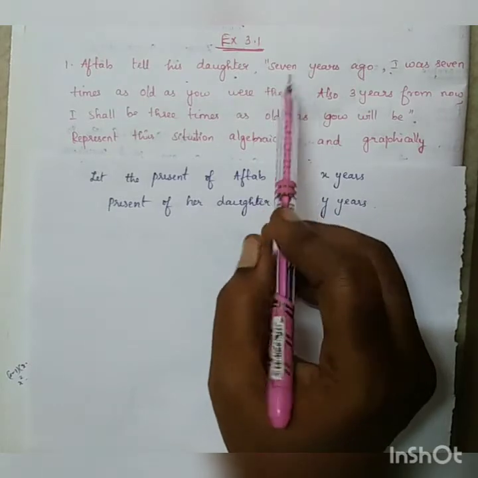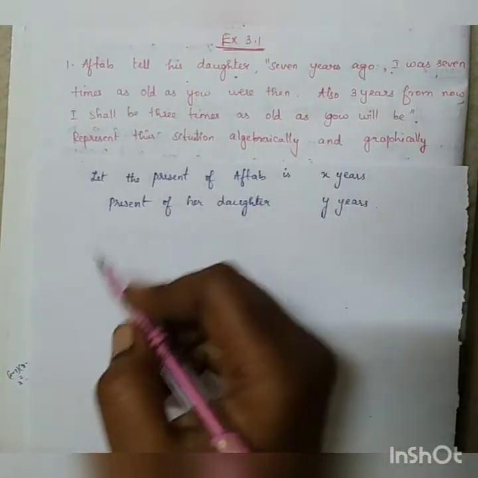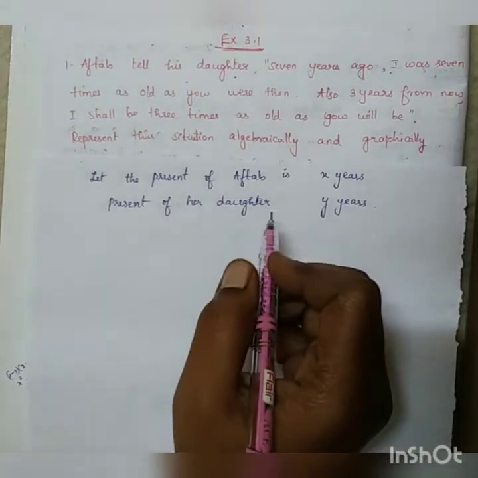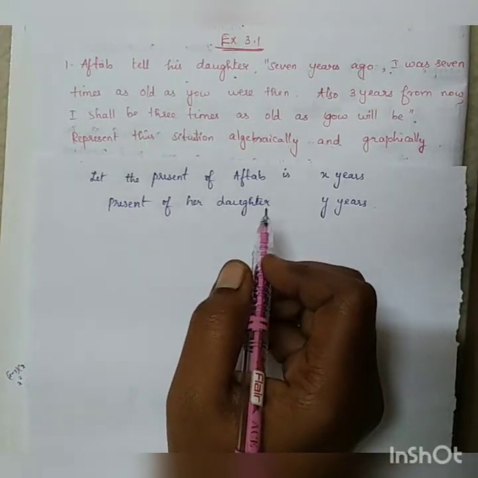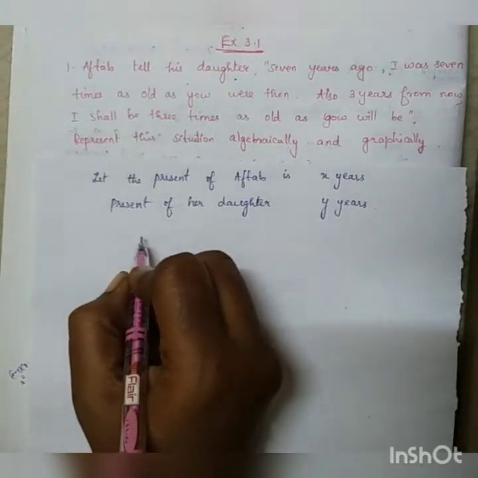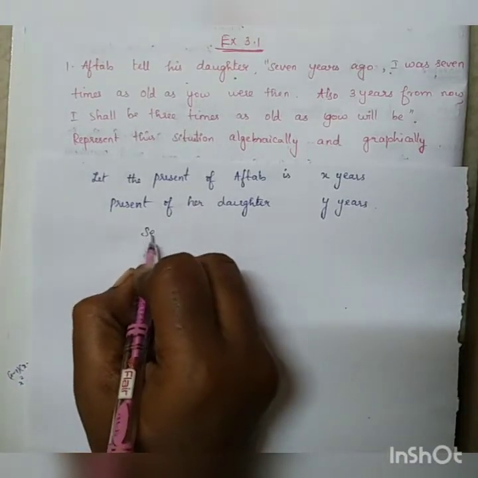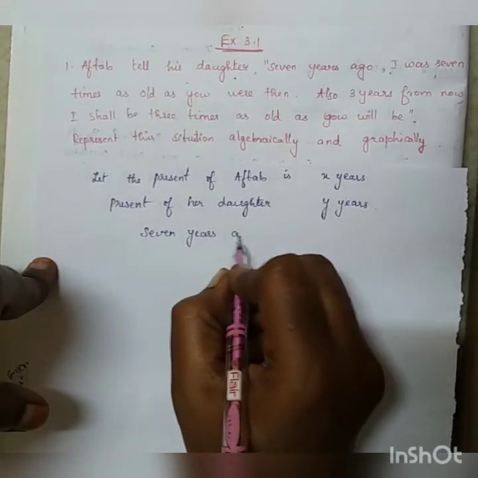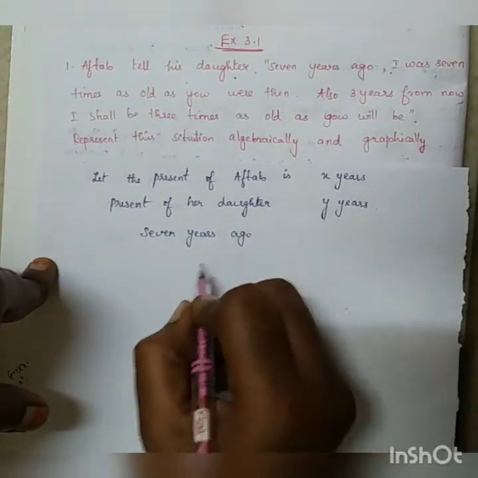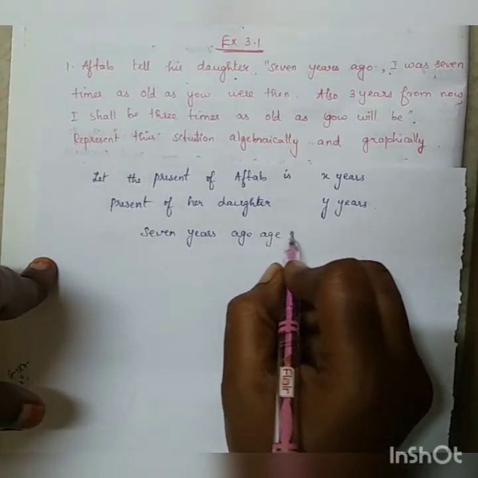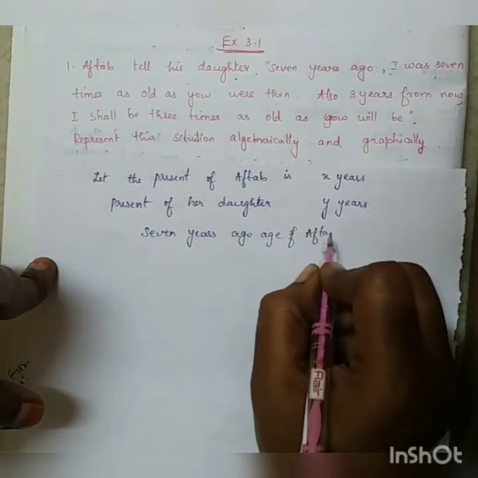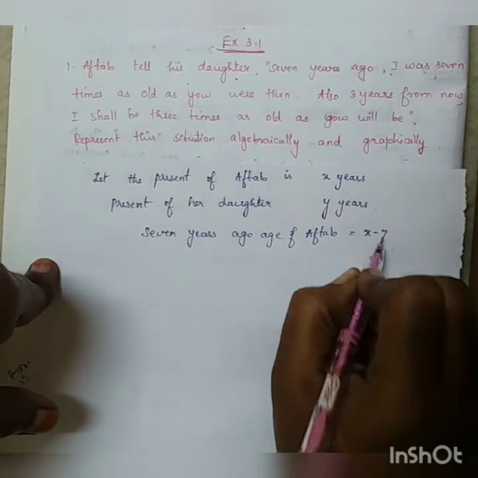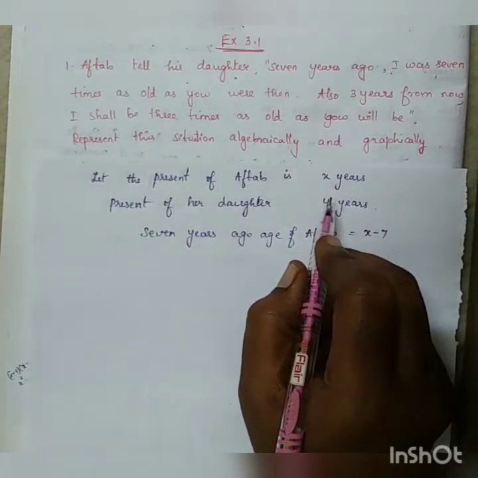Now 7 years ago, 7 years ago means before 7 years. So both persons will have to go back 7 years. So 7 years ago, the age of Aftab is x minus 7, because we have to go 7 years before.